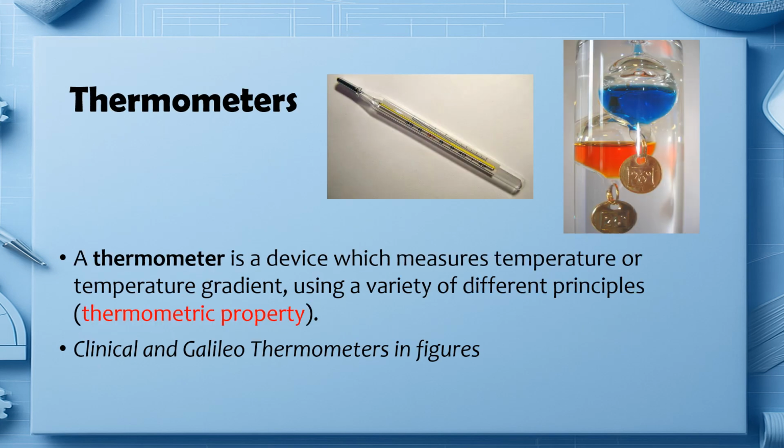A thermometer is a device which measures temperature or temperature gradient using a variety of different principles, which includes the thermometric property. Here we have a clinical thermometer on the left side, and on the right side are Galileo thermometers.